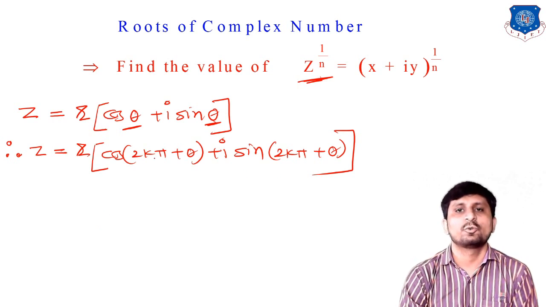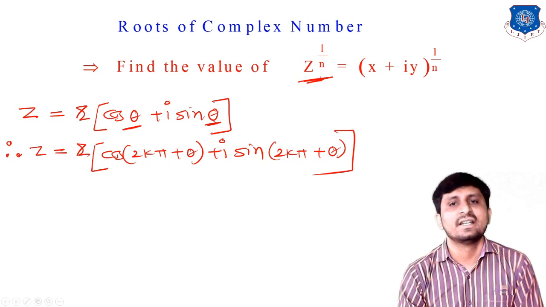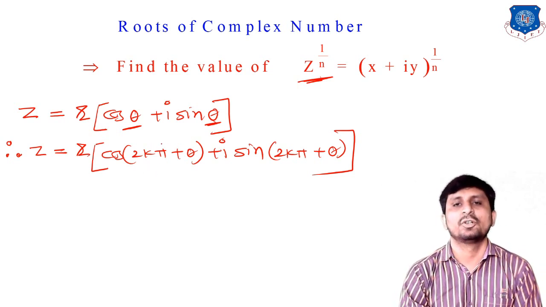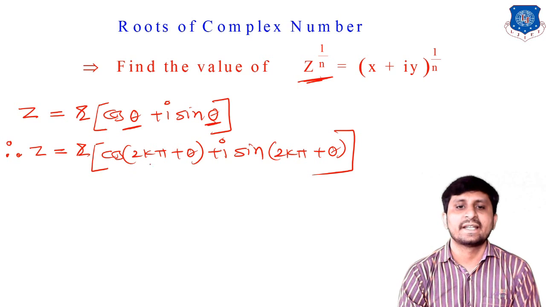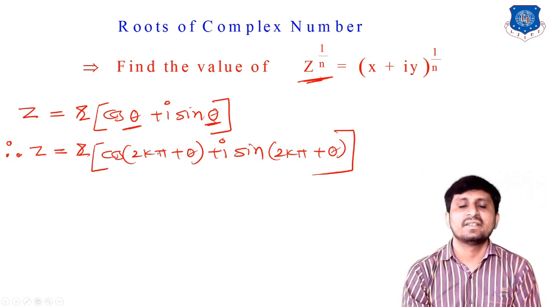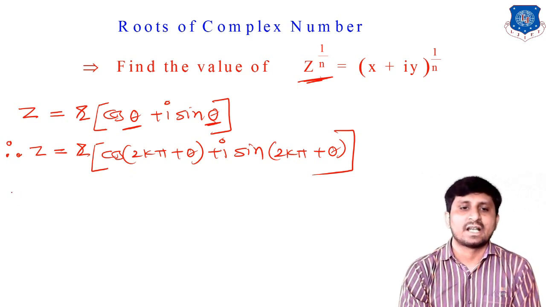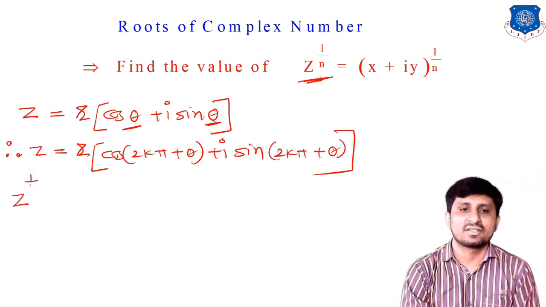Correct? Just remember, if you want to find the nth root of any complex number, first write it in polar form and then add 2k pi to this principal argument theta. Now I want to find the value of z raised to 1 upon n.